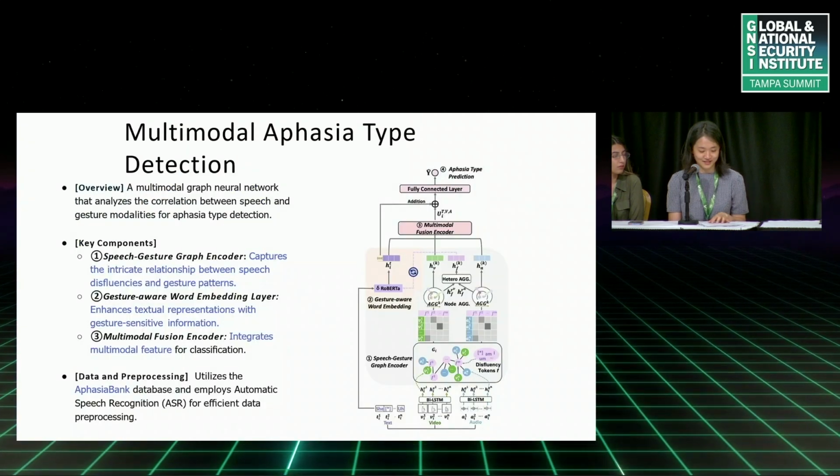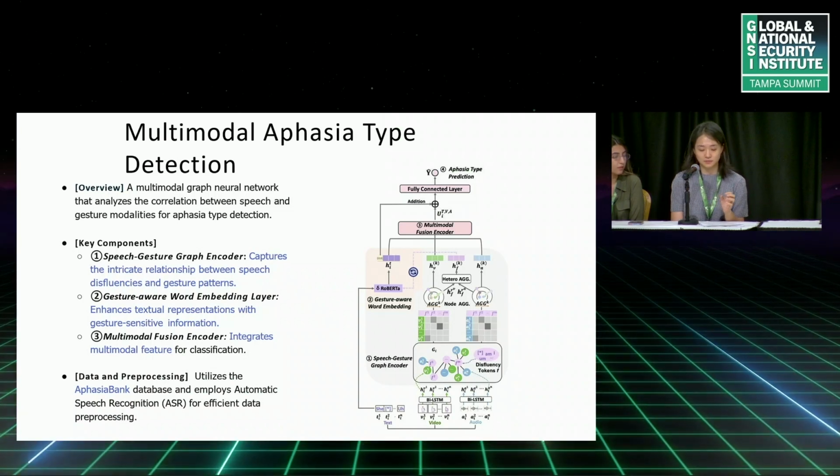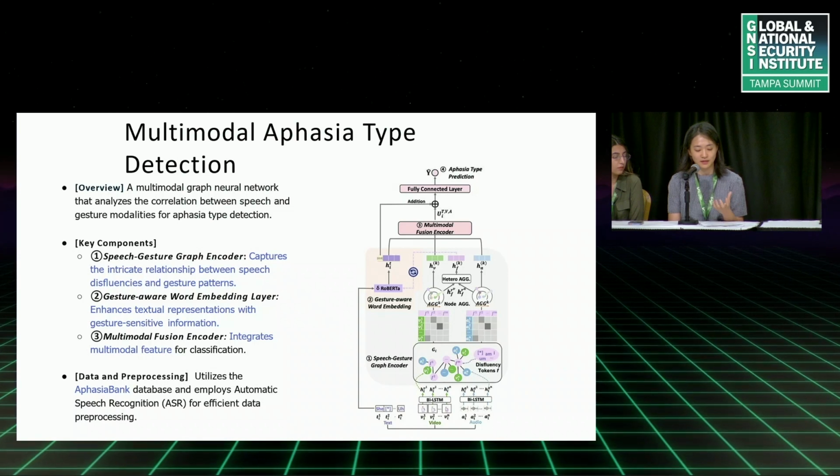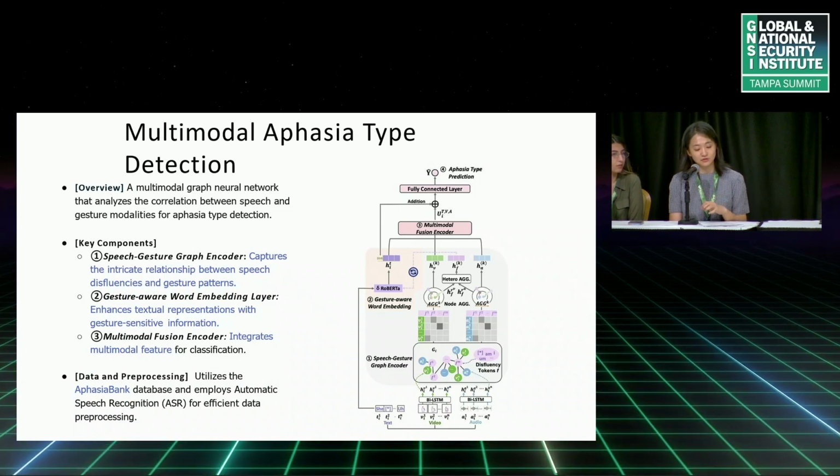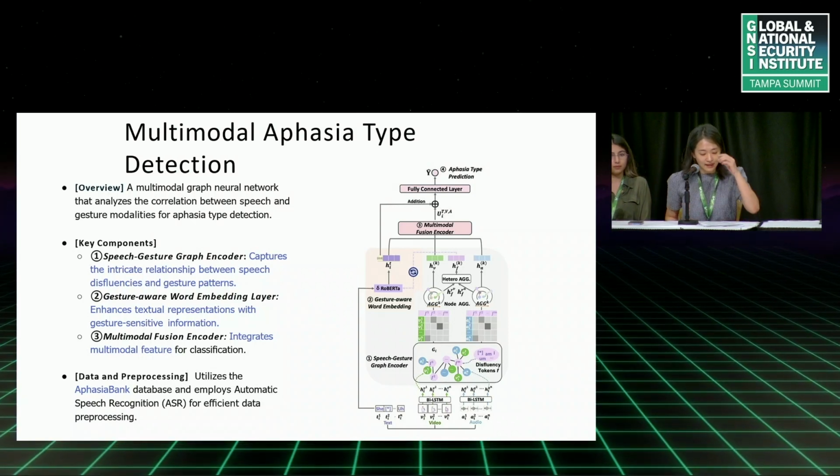Based on this, to analyze the correlation between speech and gesture modalities, we developed a novel deep learning model, and we use a multimodal graph neural network to capture the relationship between speech and gesture.